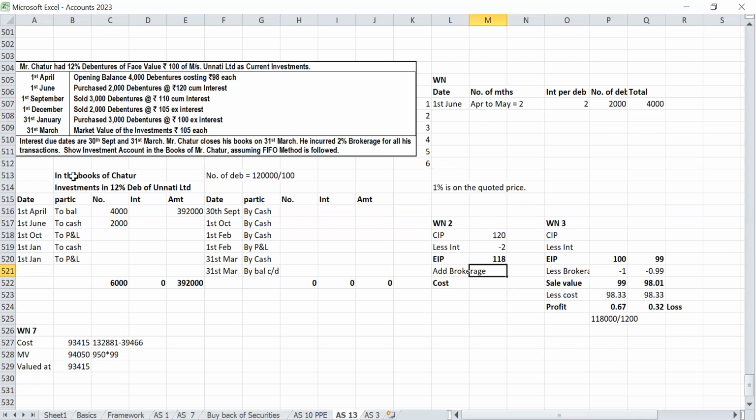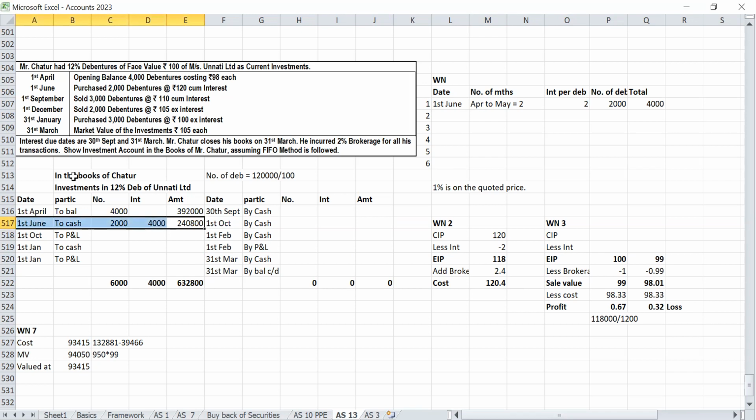Brokerage is 2 percentage on 120, 2.4, so 120.4. So interest 4,000, 2,000 into 120.4. Super.